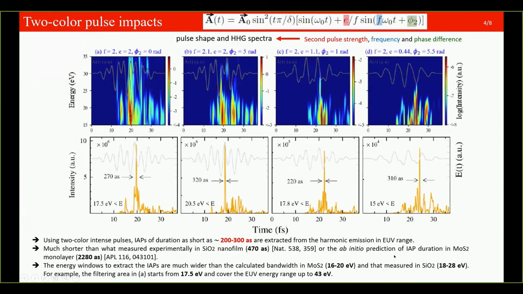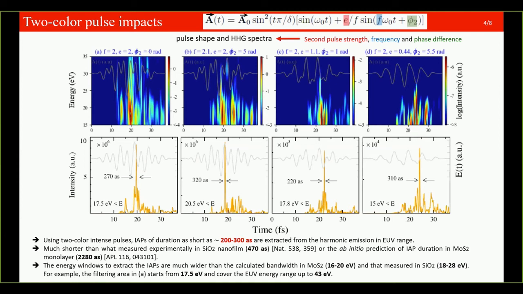Let's move to the two color pulses. Here the second color direction, shape, and duration are the same as the first color, the same as the fundamental pulse, but the second color strength, frequency, and phase difference are tuned to find the desirable properties.